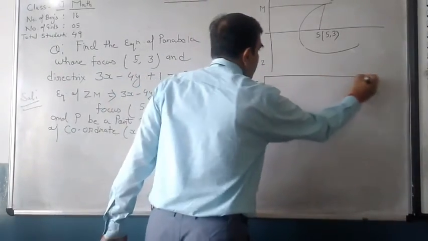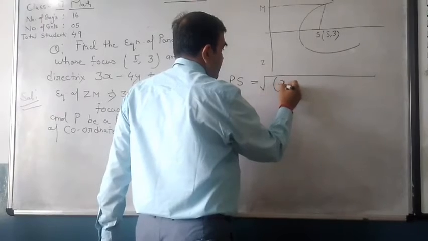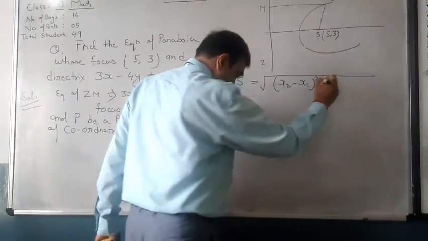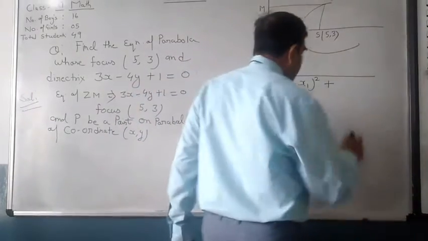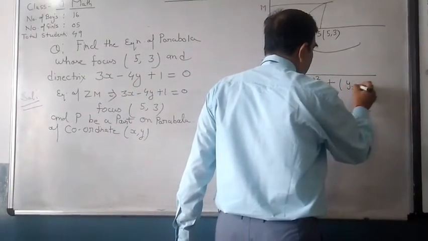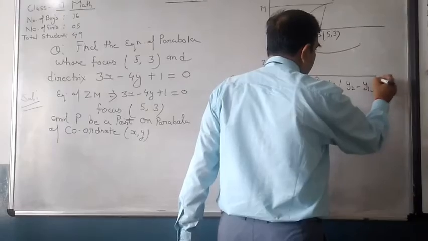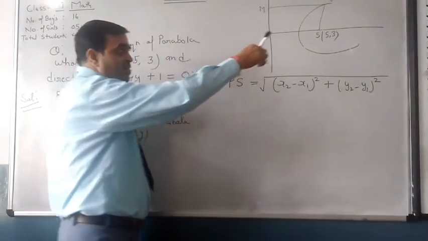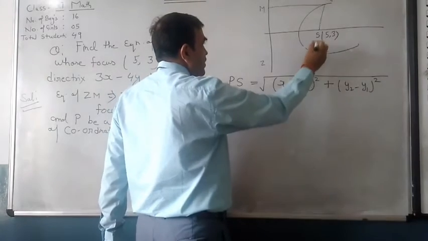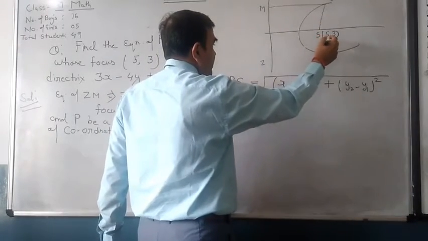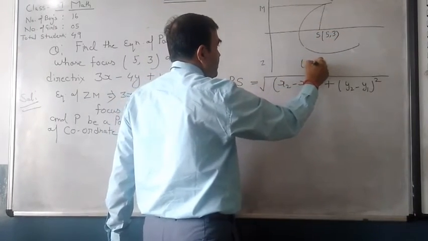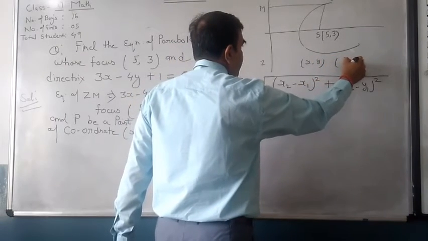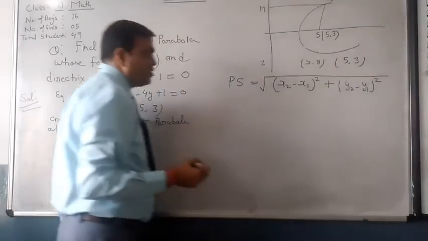Under root (x2 minus x1) whole square plus (y2 minus y1) whole square. The points are (x, y) and (5, 3).